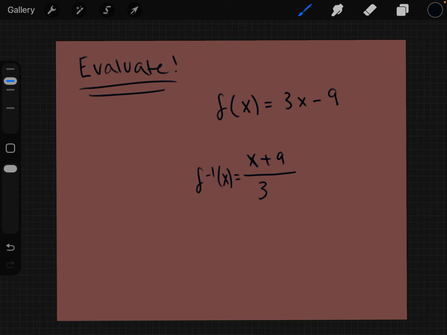And then they want to find, what is this? F of inverse. You know what?